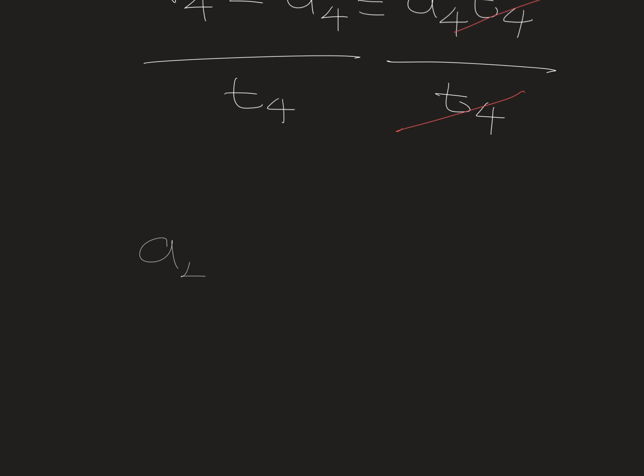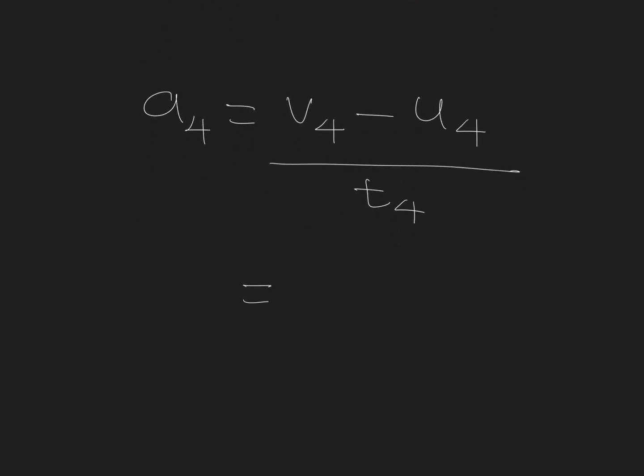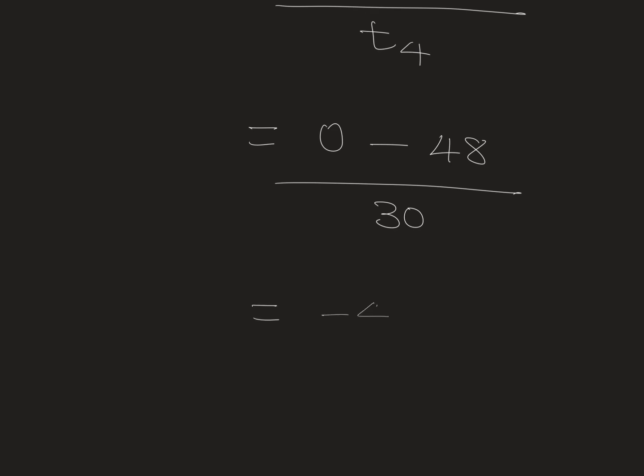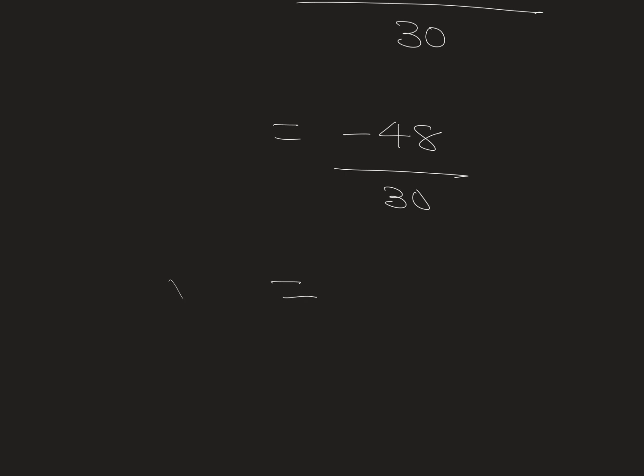So it means A4 is equal to V4 minus U4 divided by T4. V4 is 0 meters per second minus U4 is 48, divided by the time there, which is 30 seconds. So that is minus 48 divided by 30, and therefore A4 is equal to minus 1.6 meters per second squared. So that is the final answer of this question.